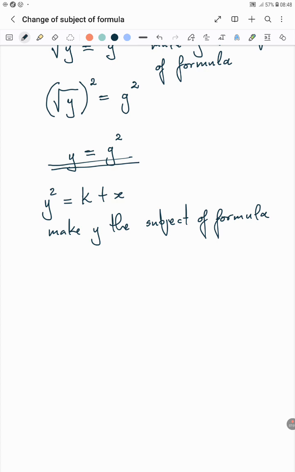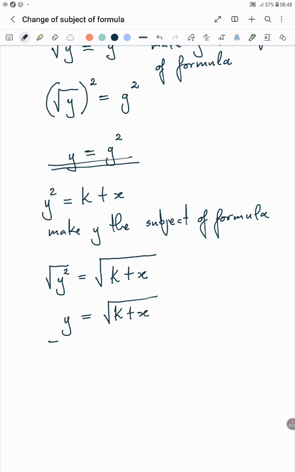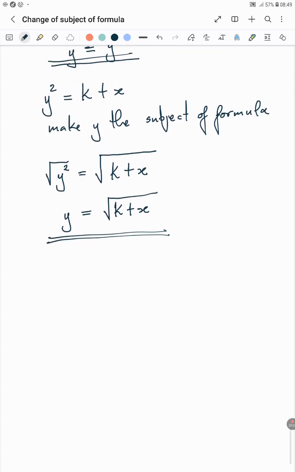So here we know if we want to remove or to be left with only y on the left hand side, we have to find the square root. So if you do that to the left hand side, you have to do the same to the right hand side. So the square root of y squared is equal to y, and y is equal to the square root of k plus x. So here you would have made y the subject of formula.